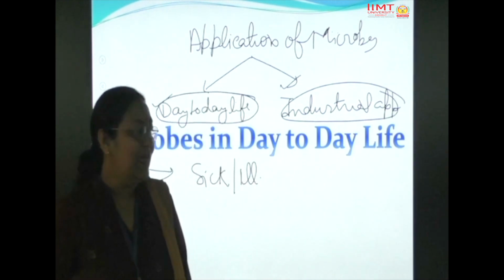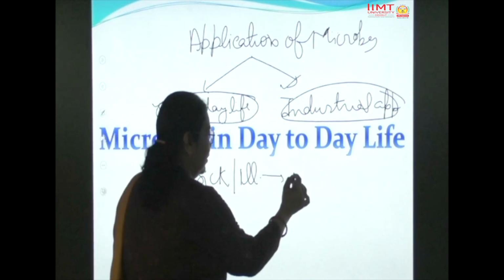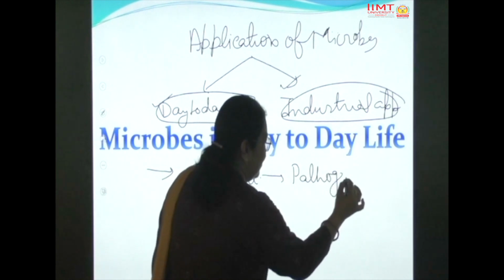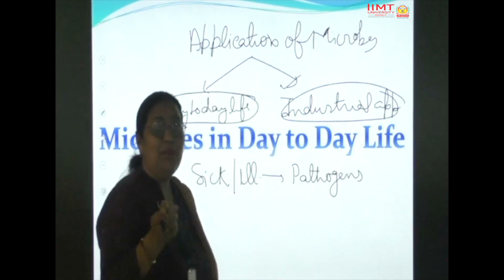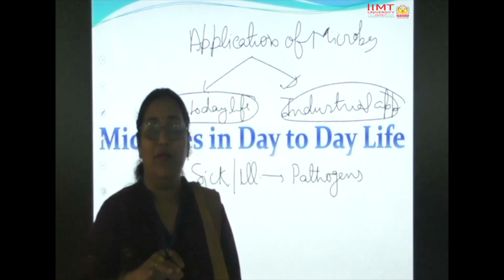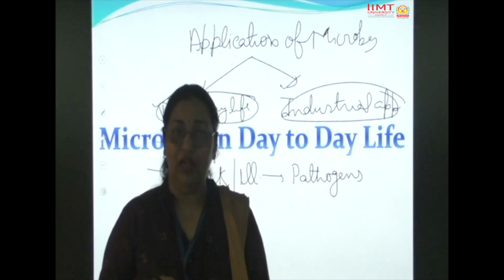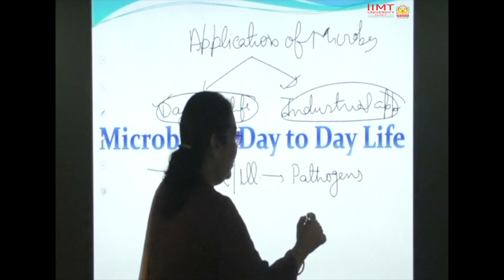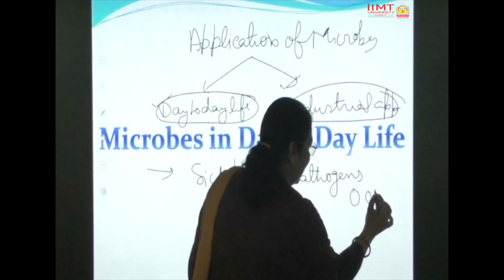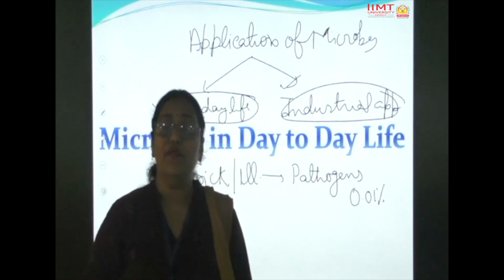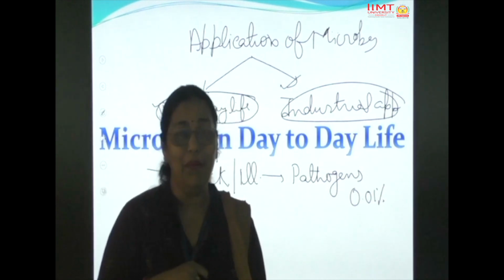So in day-to-day life we fall ill. These disease causing organisms are called pathogens, and these pathogens influence us by causing us disease. To your surprise, among all the microorganisms known, only 0.01% of them are disease causing. The rest of them are beneficial to mankind.